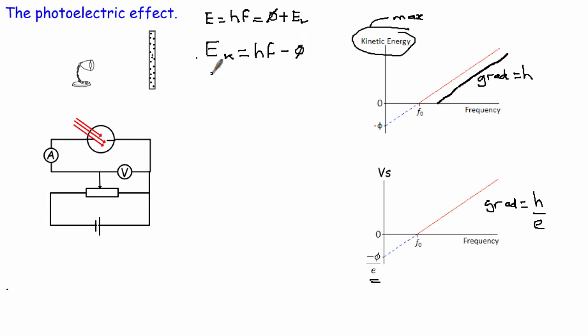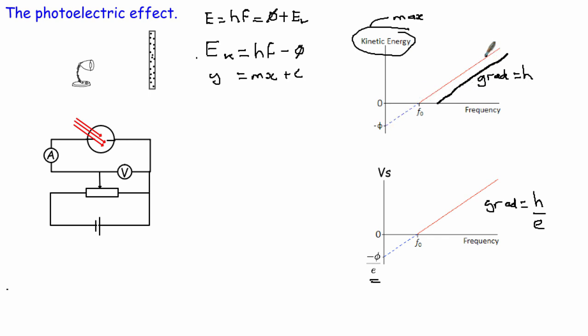If we compare that to a straight line, y equals mx plus c, then if we plot the kinetic energy on the y-axis and the frequency on the x-axis, the gradient is always h no matter what we do, and the y-intercept gives us minus the work function.